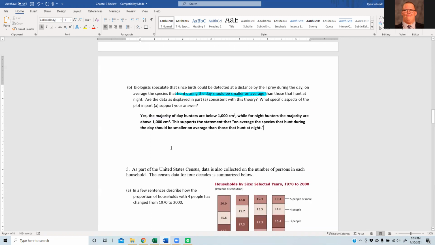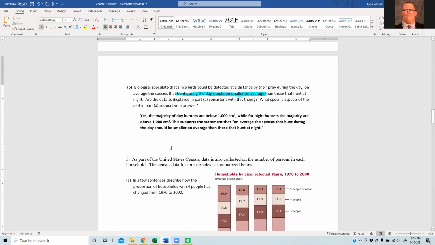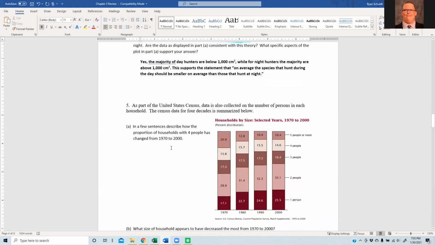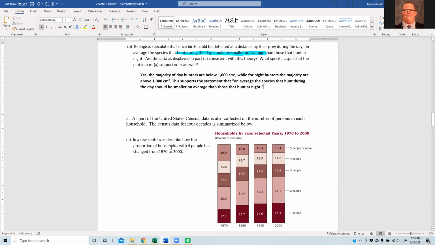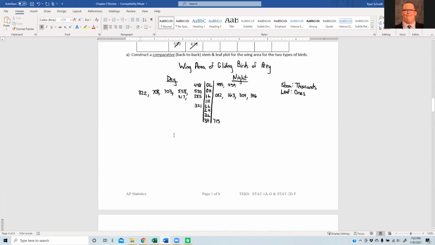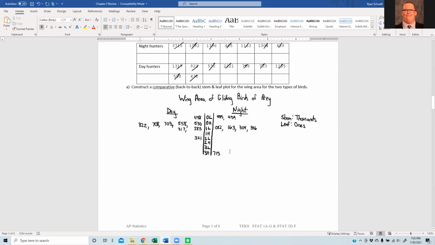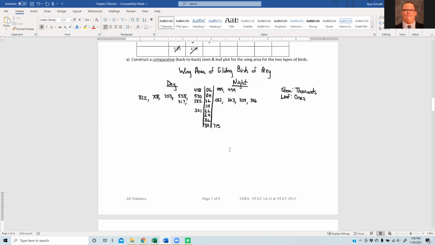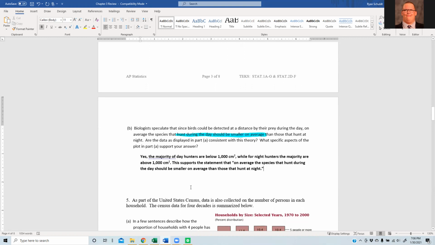Okay. So that is number 4. We had to do a comparative stem and leaf plot and then analyze it.